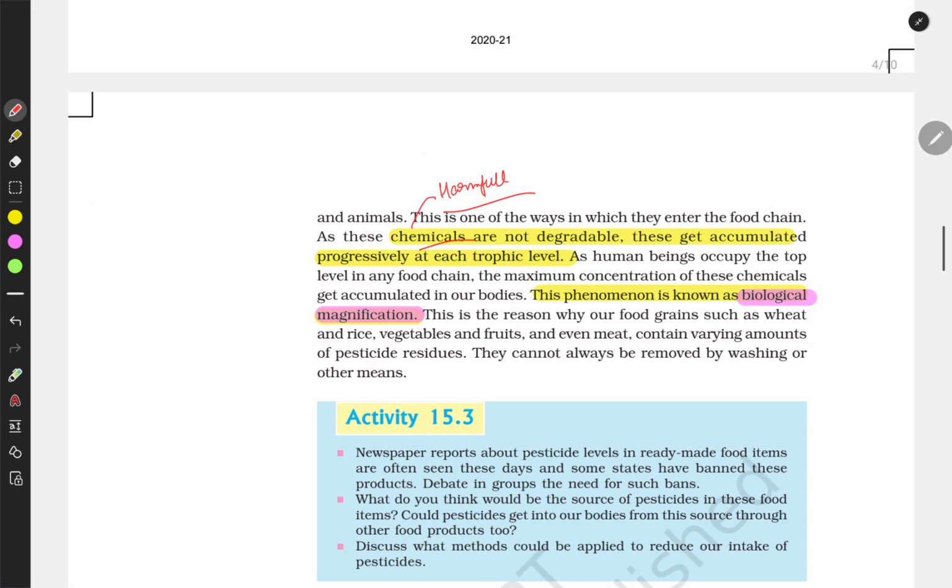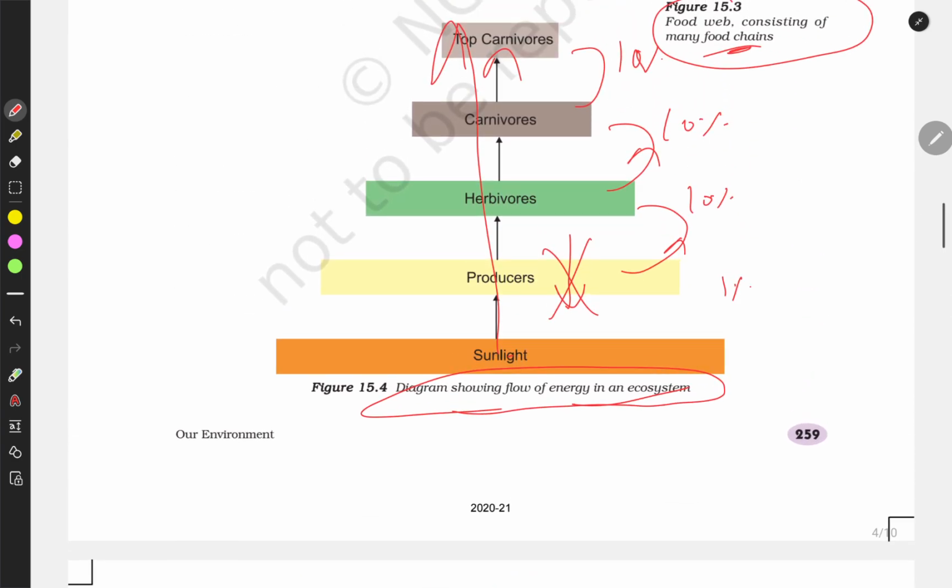Harmful chemicals are not degradable, and these accumulate progressively in each trophic level. This phenomenon is called biological magnification. Something harmful is taken up by the producers and then by the herbivores, or maybe by the carnivores also.